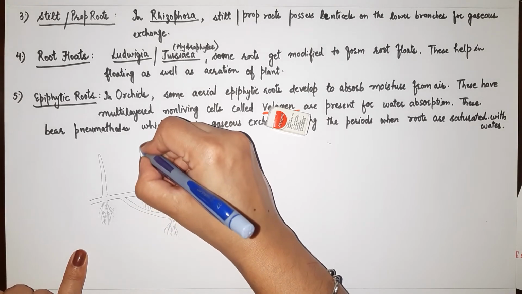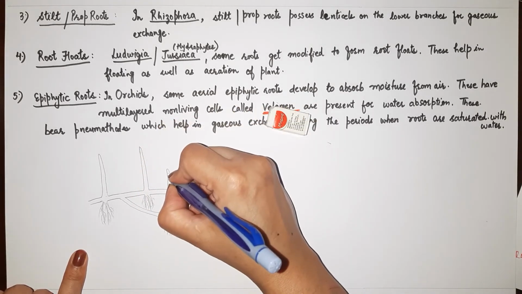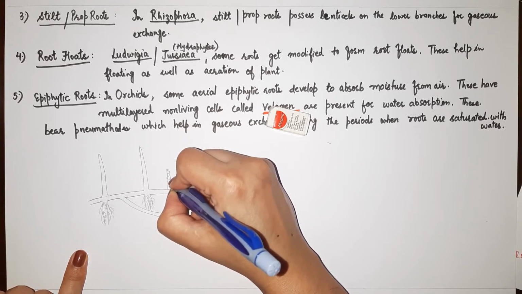Now on these pneumatophores, towards their tips, abundant lenticels are present.